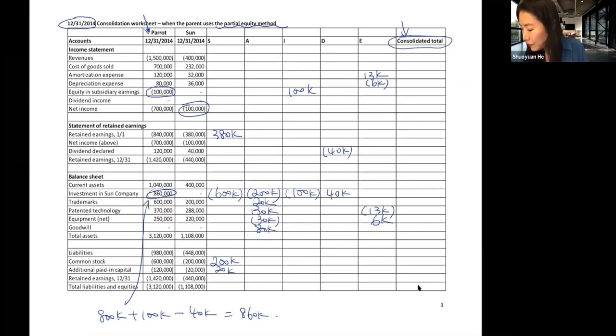For revenue, we're getting 1,900,000. Cost of goods sold is 932,000. Amortization expense 165,000. Depreciation expense 110,000. Equity in subsidiary earnings is 0. Dividend income is 0. And if you add everything up, that will give you 693,000 net income. Your net income is carried over to your statement of income.